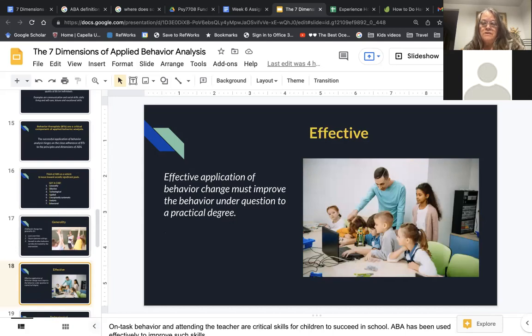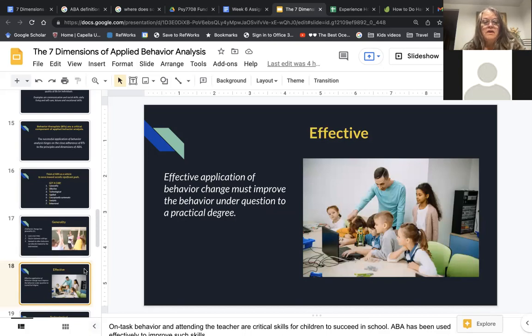Frequently in schools, there might be a few children who have difficulty staying on task or listening to the teacher. And ABA has been used very effectively to help children learn that critical behavior, to stay on task and to attend to the teacher. And in a similar way, it's been used to teach teachers how they can help children learn these skills. So it goes both ways.